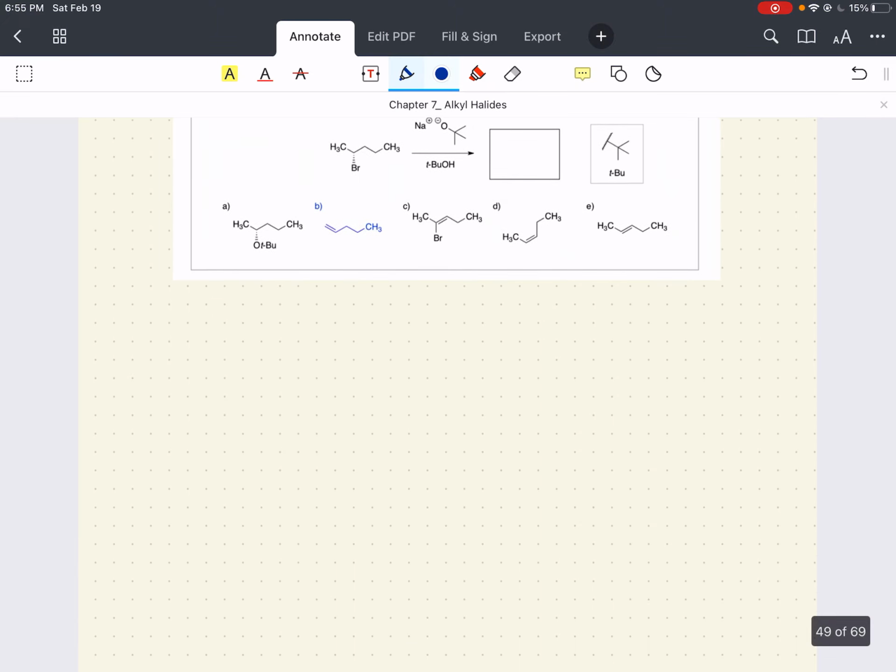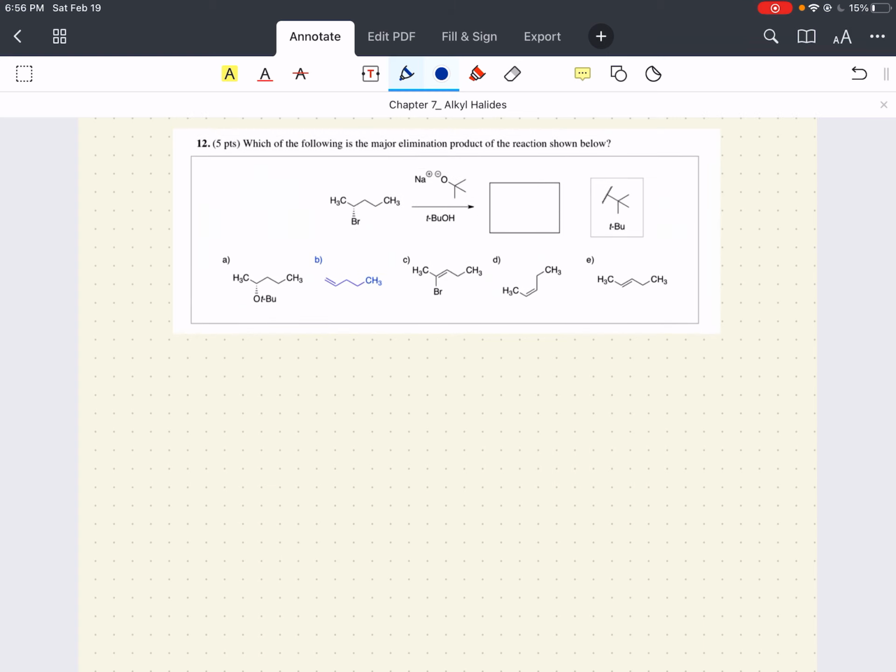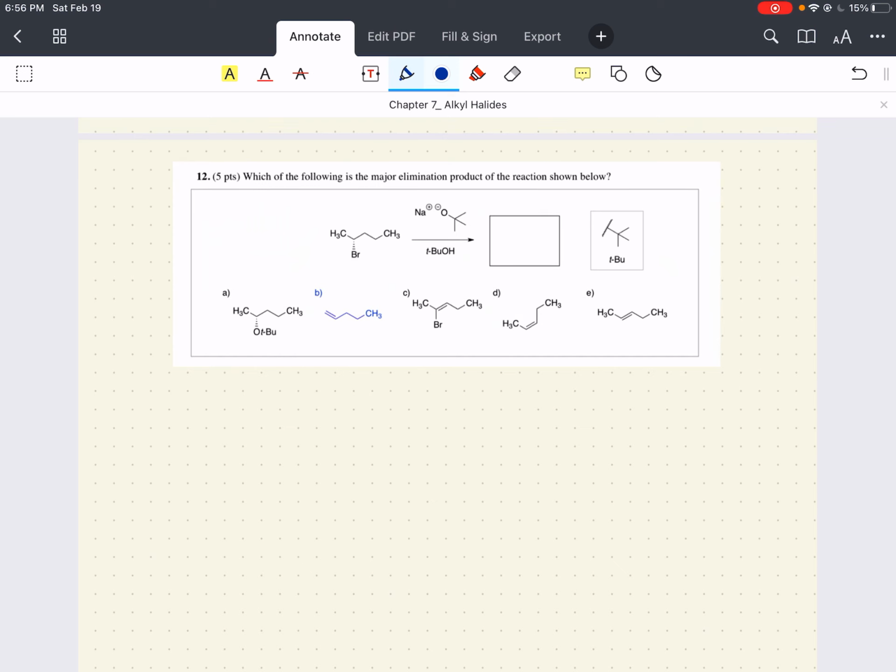Next we have, which of the following is the major elimination product of the reaction below? Let's make some notes. What is our reagent?